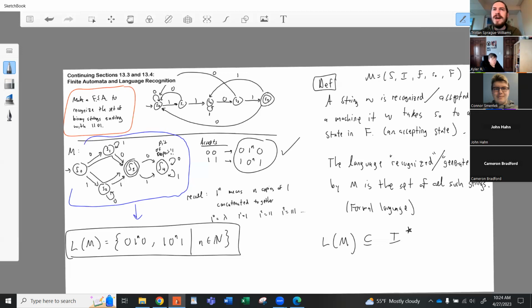Does that make sense to you guys? They're equivalent, so it's not like it has to be one way or the other. It's kind of both at the same time. The machine both defines the language and can also recognize the language if it's been defined.